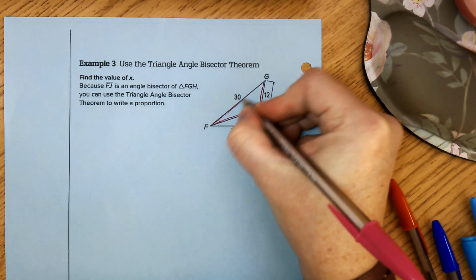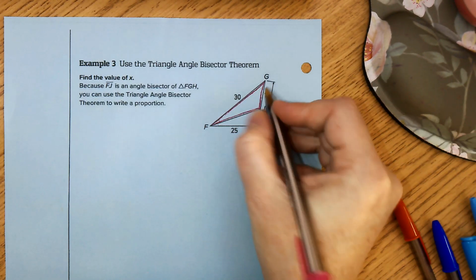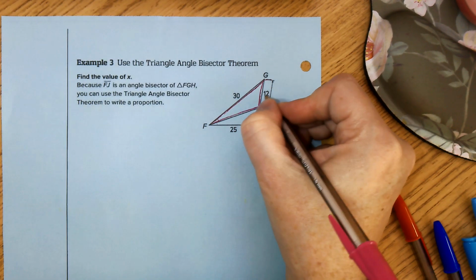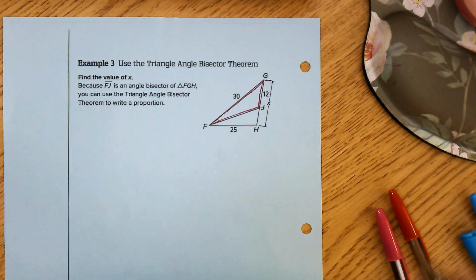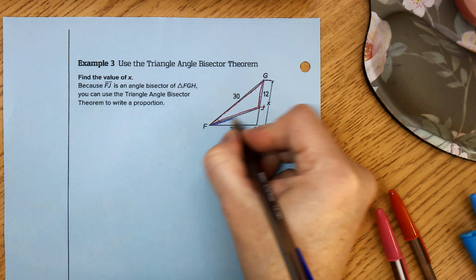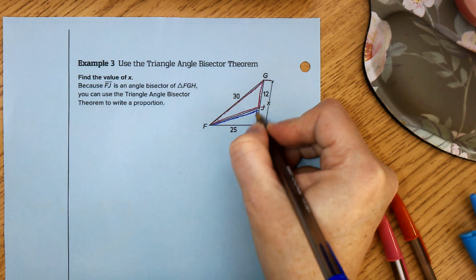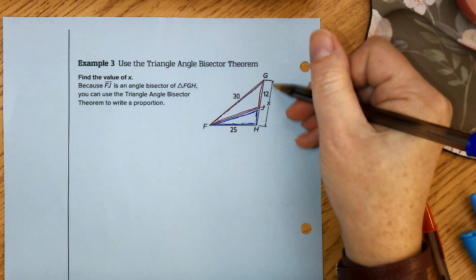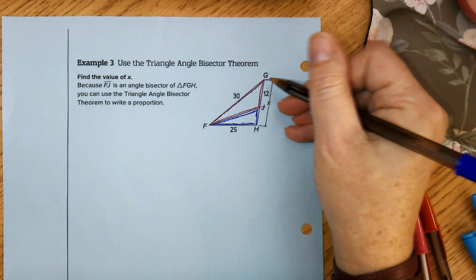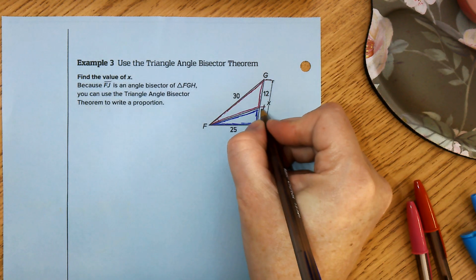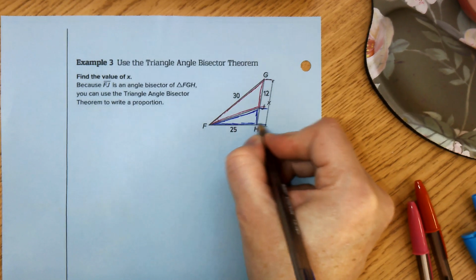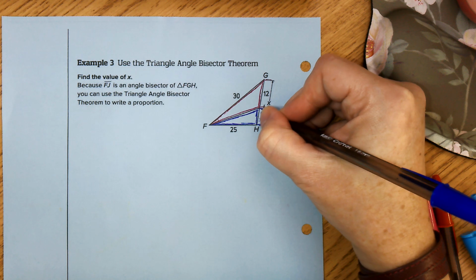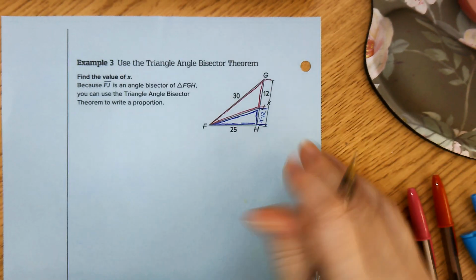From G to J is 12. Then I have this bottom triangle. Well, the whole side is x. G to J is 12. To find J to H, you go x minus 12.